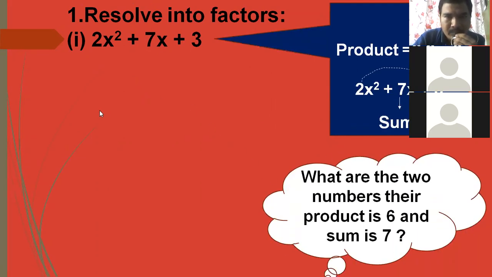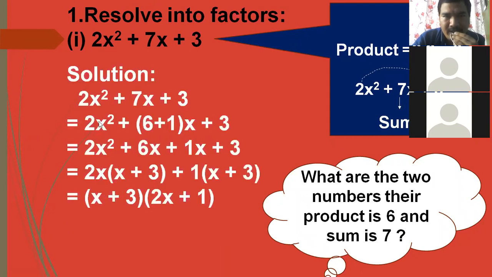And then we have to show like this, look here. 2 threes are 6, then we get that 6 by multiplying 6 and 1, and 6 and 1 will be added. 6 ones are 6, 6 plus 1 is 7.